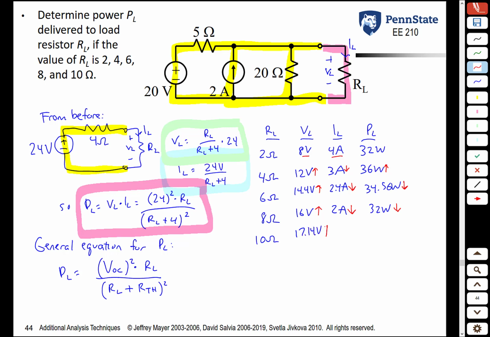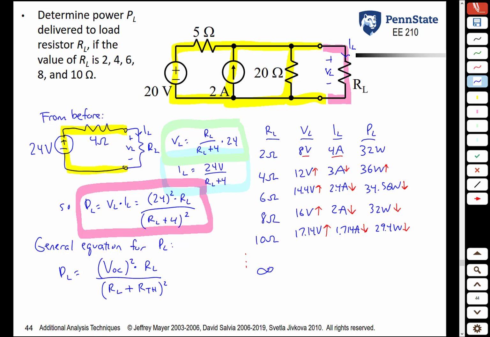It continues to rise. The current through that resistor is 1.714 amps. It continues to drop. And the power absorbed by that is 17.14 volts times 1.714 amps, which is 29.4 watts, which continues to drop.